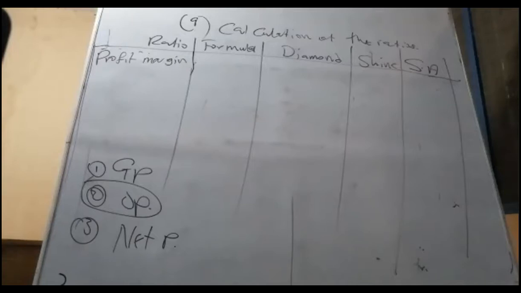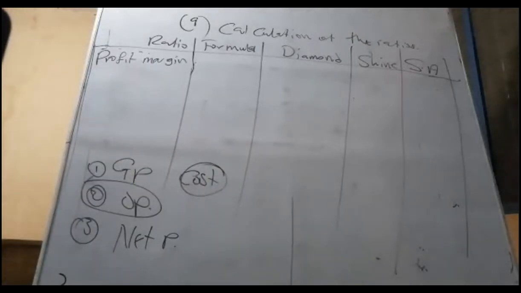In fact, all the profit margins, we've selected them. Please take notes. Here I have to explain this. We have the margins. We also have the markups. I have gross profit markup, operating profit markup, net profit markup.